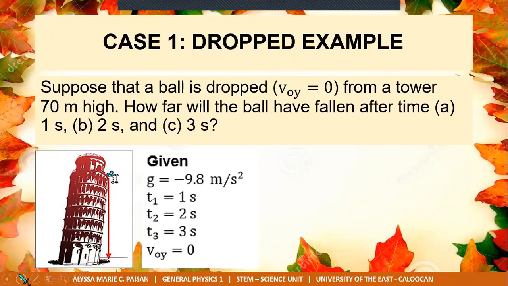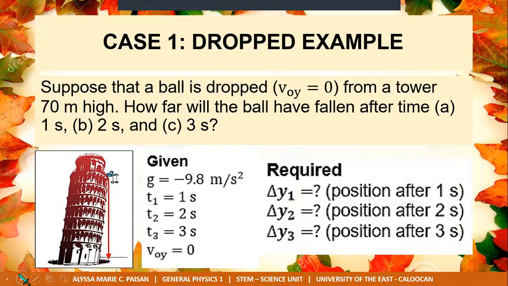Ah, it's given here, but not all the time will you see that v naught y is equal to 0 when the object is dropped. So it should be automatic in your mind that when the object is dropped, the initial velocity is 0. Because of course, we assume that before you let go, it is not yet moving. So, its initial velocity is 0.